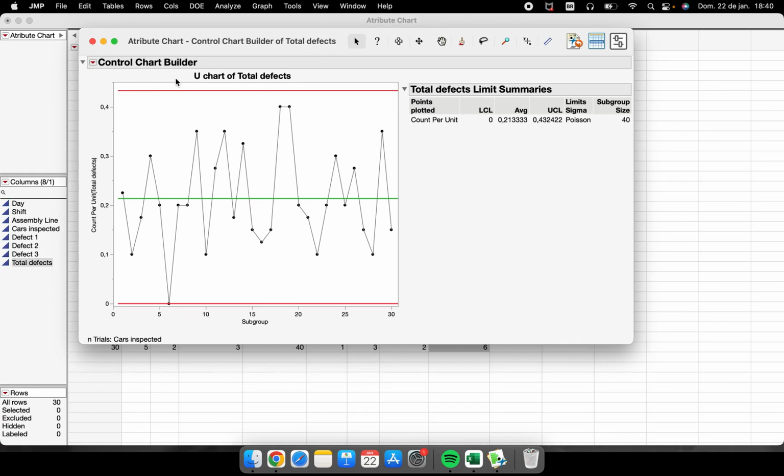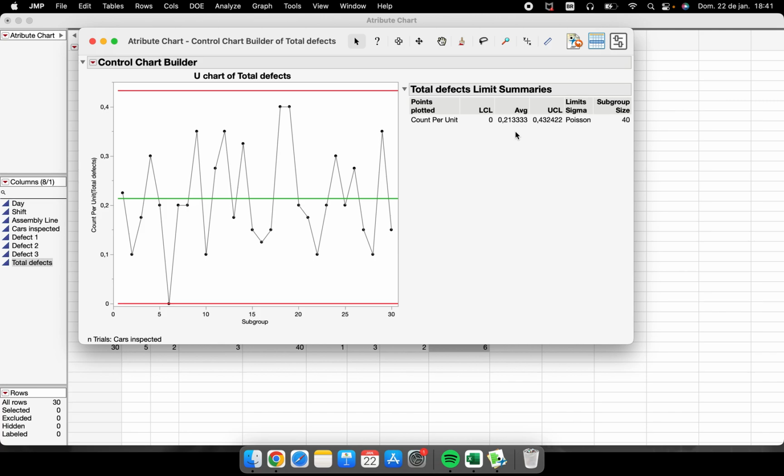Now we have a U chart and we have some statistical details here that are different from the C chart because we are now counting the defects per unit. The value that we have here is different.